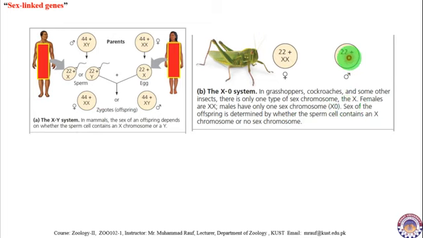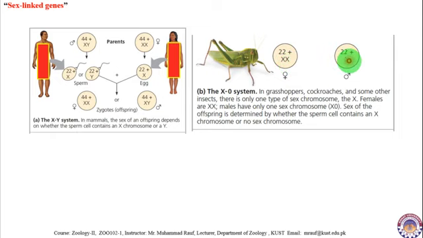So here this is the sex chromosome complement of a male, meaning some of the sperms will be carrying X and some of the sperms will have no sex chromosome, whereas the eggs produced by the female will carry X chromosome. So how will the sex of the offspring be decided?